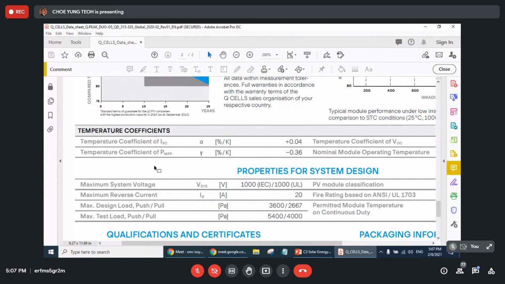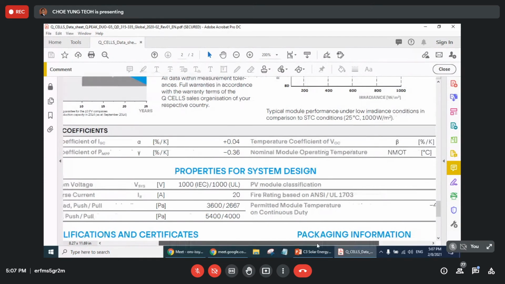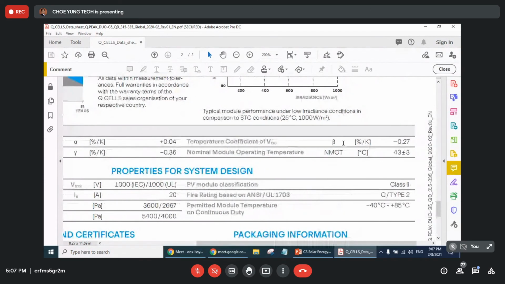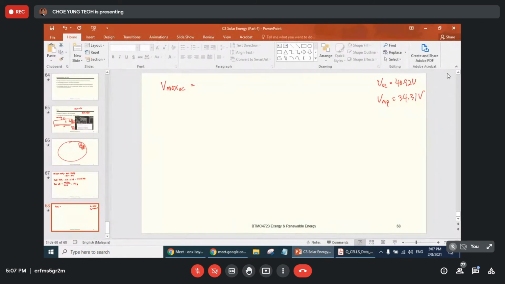What's the value? Oh, negative 0.36. And you have to look carefully at the unit. It's percent per Kelvin. And then the temperature coefficient for VOC is 0.27. So you have to set the maximum temperature, Tmax and Tmin, for the cell.